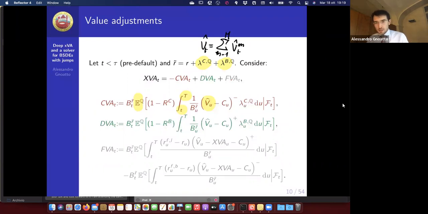So once I solve the set of linear BSDEs, this is a conditional expectation that you can compute by means of a standard Monte Carlo estimator. Whereas if you look carefully at the FVA, you see that inside the positive and the negative part I have the xVA itself. So the FVA has a recursive structure. So the treatment of this valuation adjustment will be different with respect to the first two.